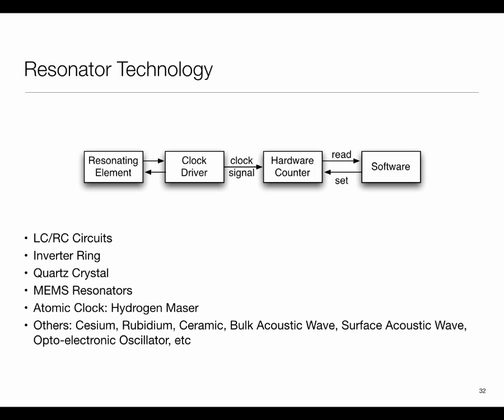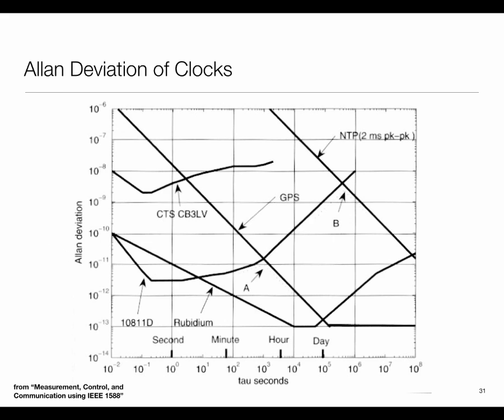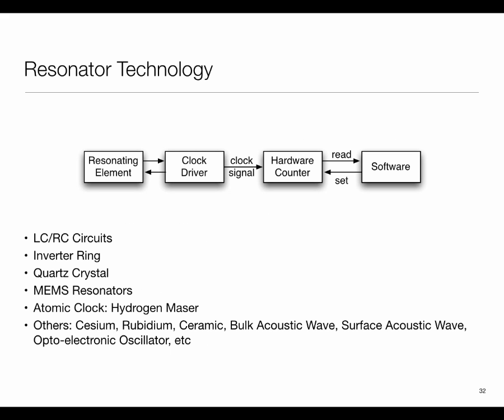The next thing to look at is what are some of the technologies available at this lowest level, the resonating element, because that ultimately plays a big role in this. There are a whole bunch of options out there, ranging from basic circuit elements like inductor-capacitor or resistor-capacitor circuits, inverter rings, which I have mentioned before, quartz crystals that we have mentioned before, and MEMS resonators.